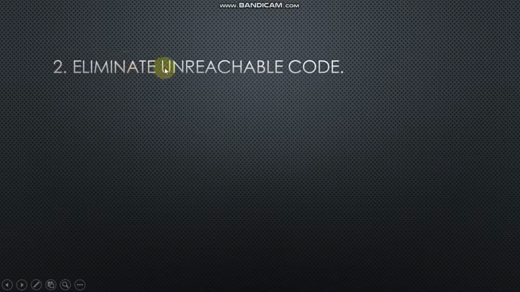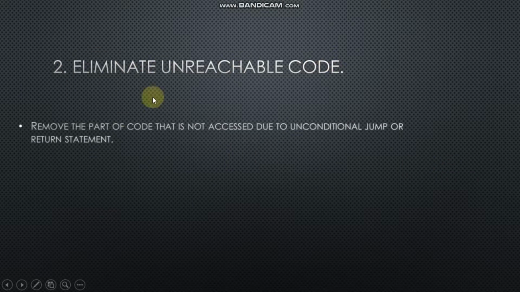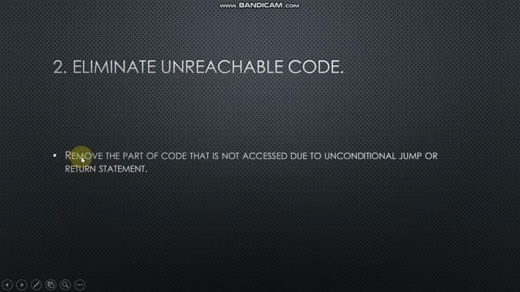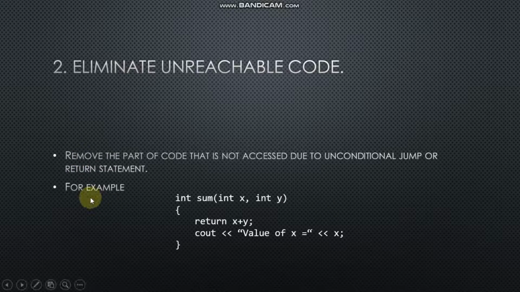Now let's talk about eliminating unreachable code. It removes the part of code that is not accessed due to an unconditional jump or return statement. For example, there is a function which takes two arguments of type int, x and y, and returns an integer.